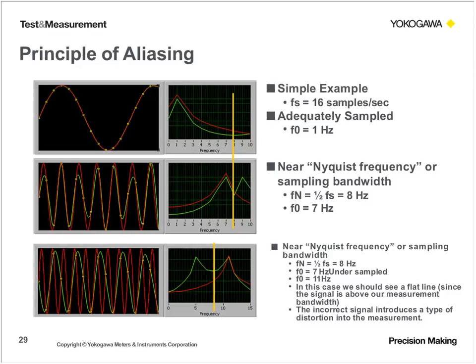But if you look at the very last example I have, where you're sampling at the Nyquist frequency, or 2 times the signal frequency, what we would expect is a flat line because we shouldn't be able to capture anything above 8 hertz. But in actuality, what we see is that if we increase the frequency, the higher frequency components will start to fold over and appear on the low frequency side of the capture.